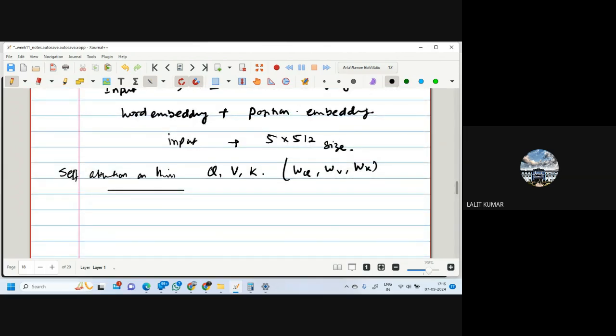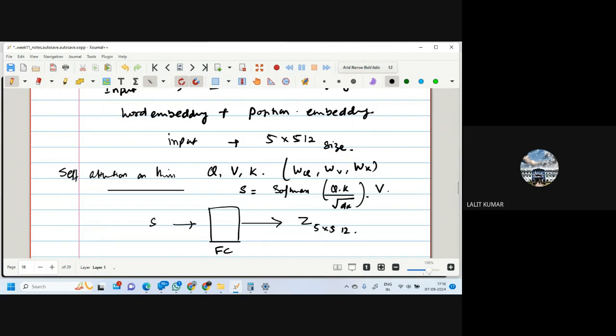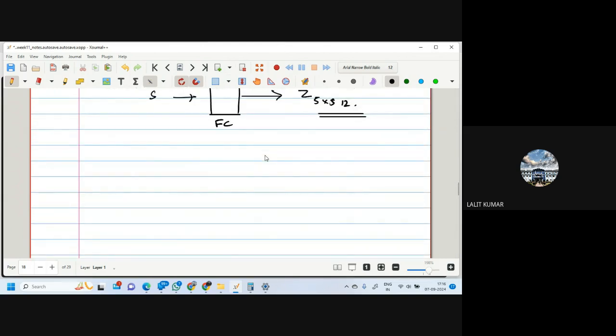And this output, which I call S, is equal to softmax of Q into K transpose over root DK, into V. This S I feed to a fully connected feed forward layer and I get Z. The size is 5 into 512. This is clear. This is the encoder part. So this is the full encoder, and it has given me this Z. Now I come to the decoder.